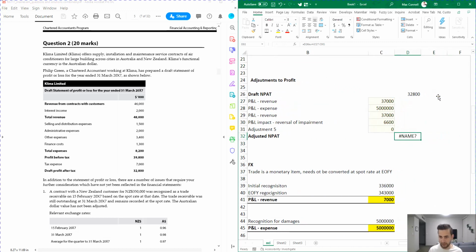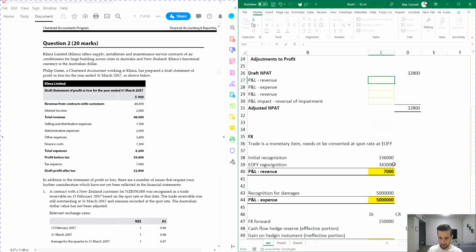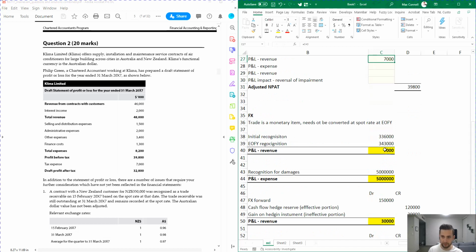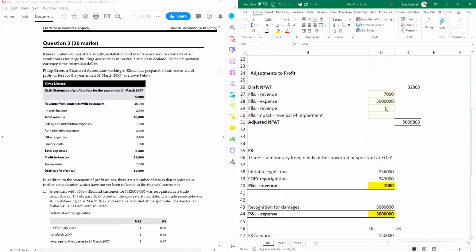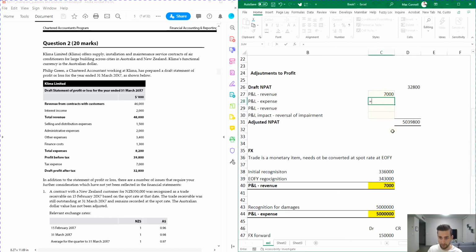The next thing is just to make sure that I've put these around the right way. I'm just going to redo this. We know that that's revenue, so that's going to increase our profit. We know that the recognition for damage is going to be expense, so that's going to reduce our profit. So we're going to go negative on that.